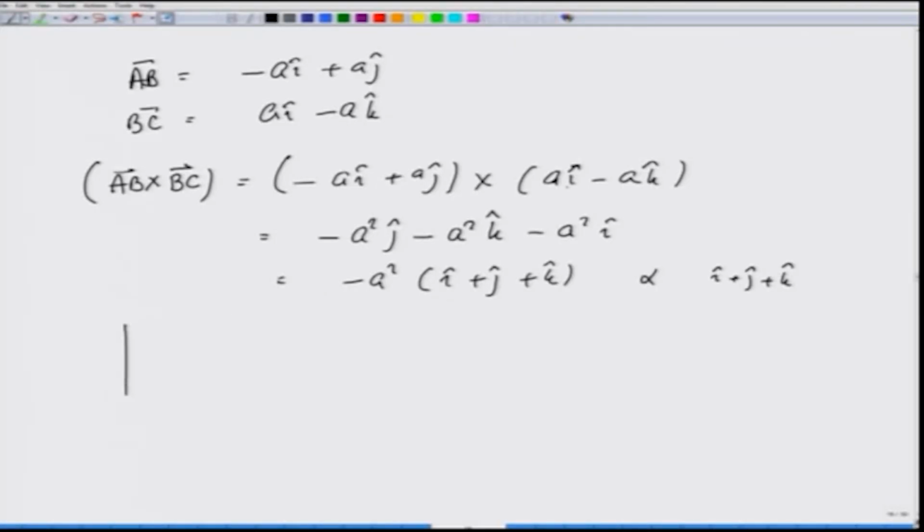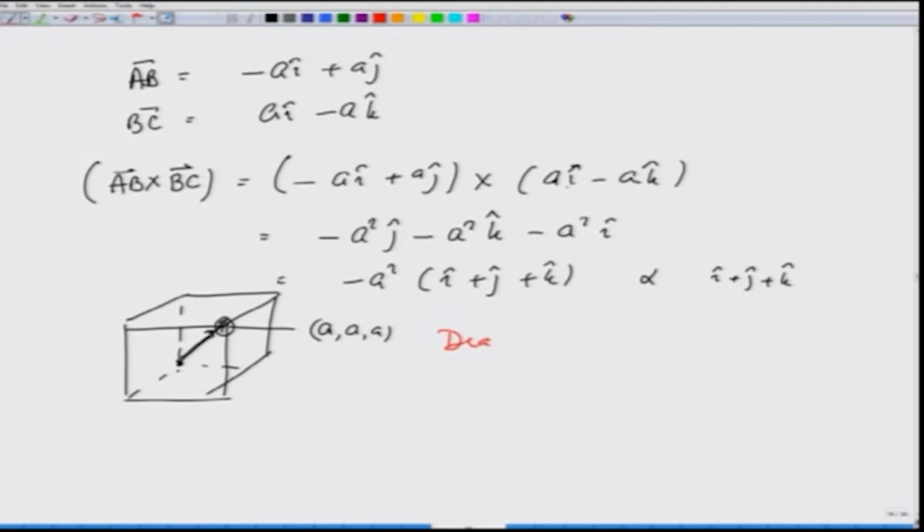And how about the vector in the diagonal direction? Let us see that. Diagonal direction is from here, the origin, to this point. The coordinate of this point is nothing but A, A, A. So, this diagonal vector is nothing but A i plus A j plus A k, again proportional to i plus j plus k.